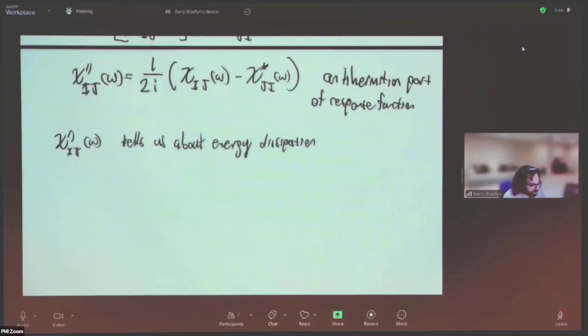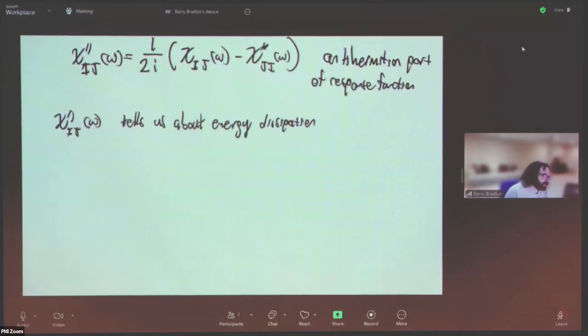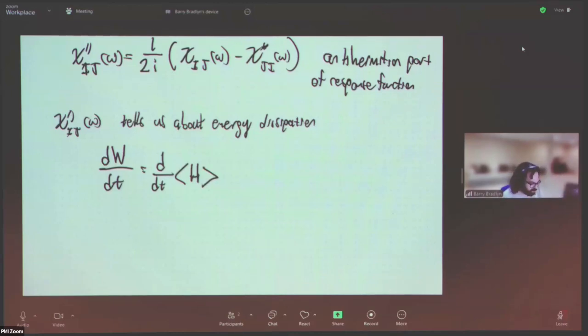So for the power that we apply to the system per unit time, we'll call it dW/dt, the time derivative of the average energy of the system. So this is equal to two terms, trace of H times the time derivative of the density matrix plus the time derivative of the Hamiltonian times the density matrix.